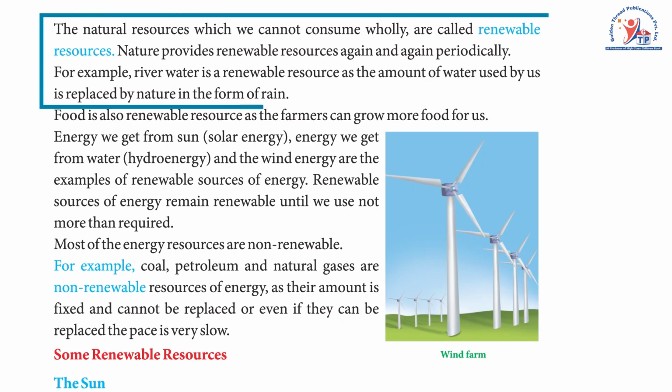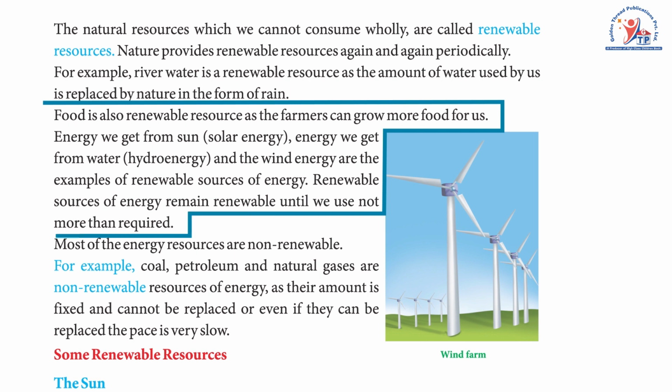The natural resources which we cannot consume wholly are called renewable resources. Nature provides renewable resources again and again periodically. For example, river water is a renewable resource as the amount of water used by us is replaced by nature in the form of rain.